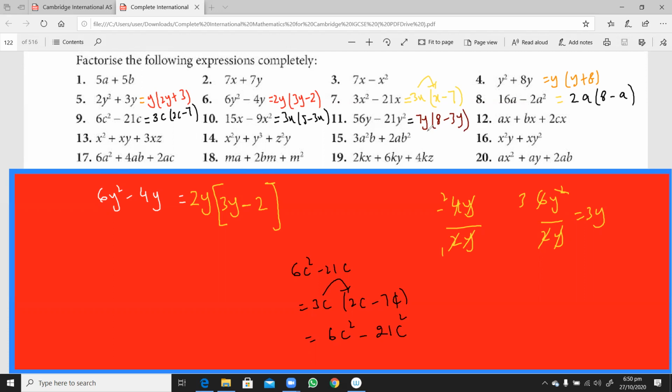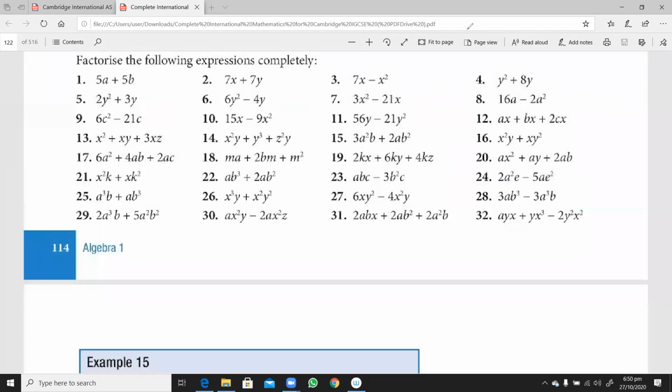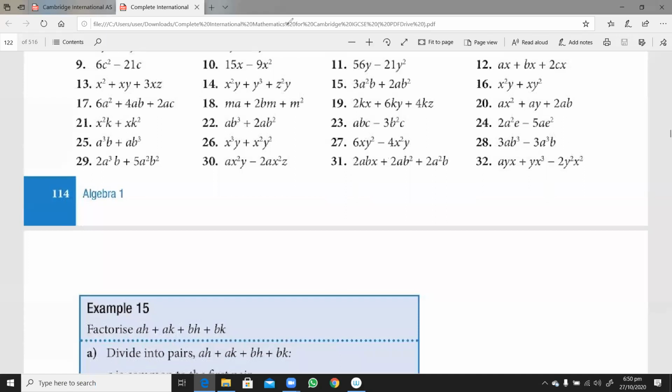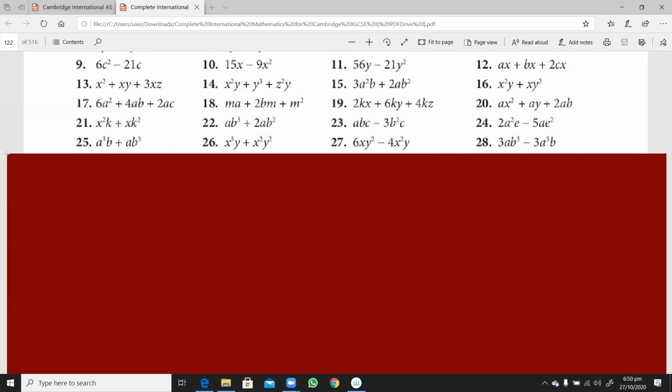Now we are going towards the harder parts of this. So now let's try the questions from 11 onwards. I think you people can try them first, and then I'll be asking you guys.